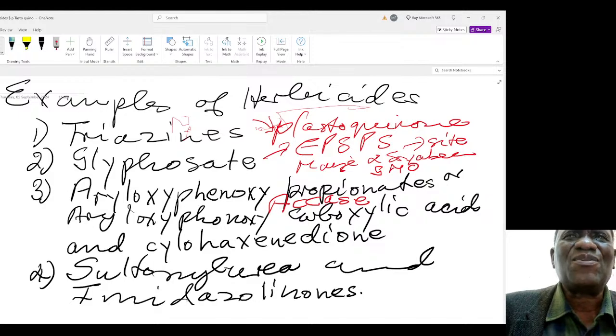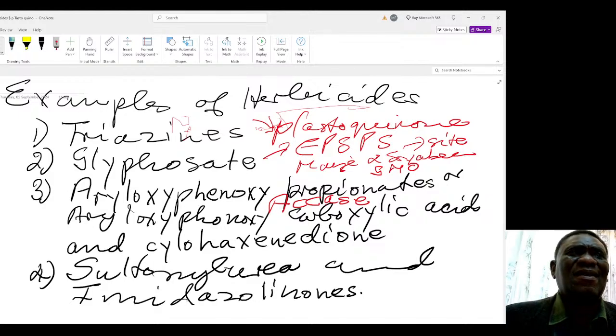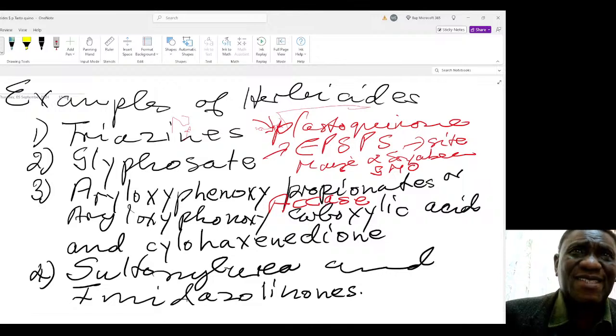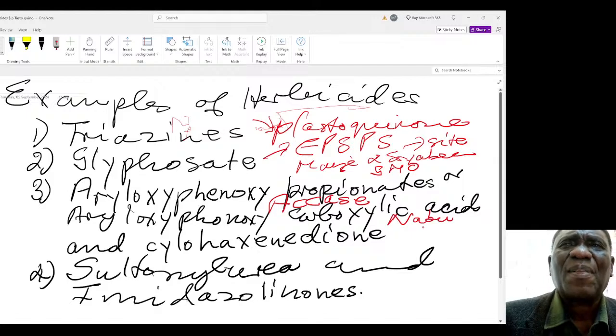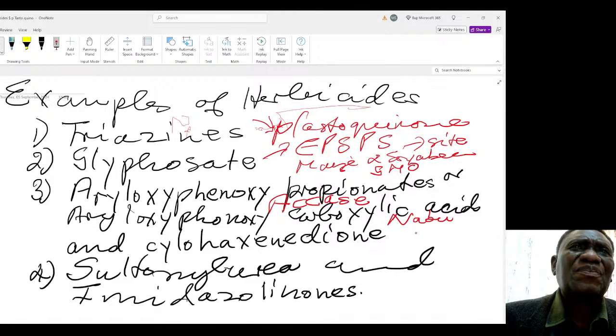We have examples of herbicides like NAB, which is, I think, a cyclohexenedione.